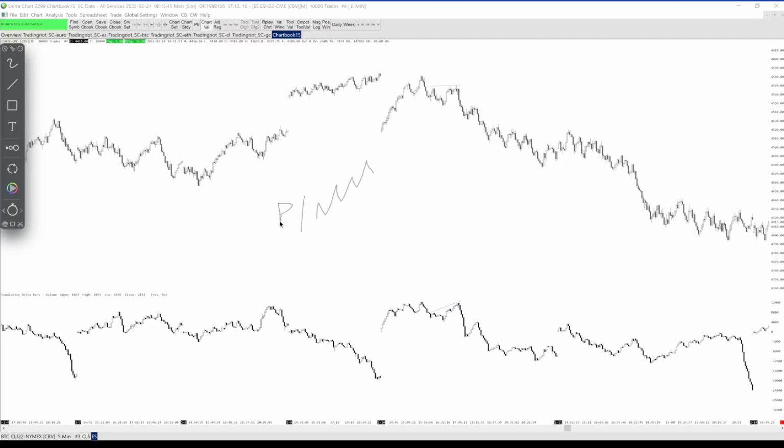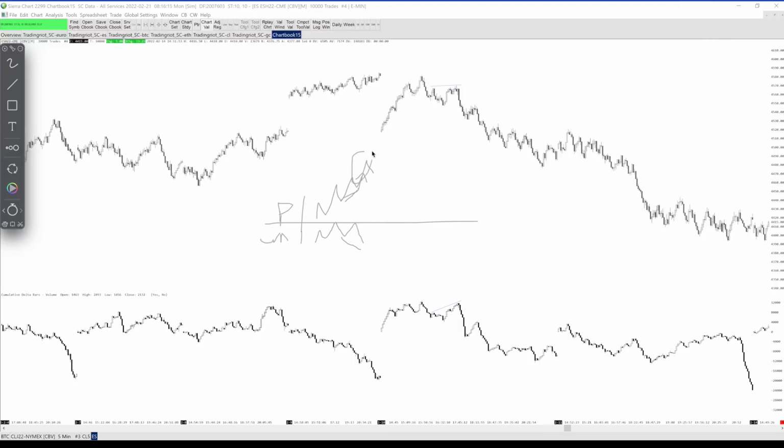The CVD for this uptrend will go with the price, and then on this pullback it's going to do something like this. So you will have this divergence where on an established trend, sellers will all of a sudden really step in and try to shift the environment, which is just not going to happen, and market will continue higher.